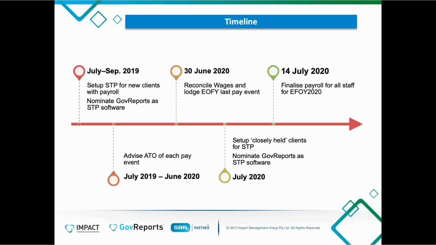They all may need payment summaries, but basically anyone that you are doing single touch payroll for doesn't need a payment summary. We've always had to have payment summaries, or the clients have always had to give payment summaries to their employees, by the 14th of July, and it's the same with the finalisation.